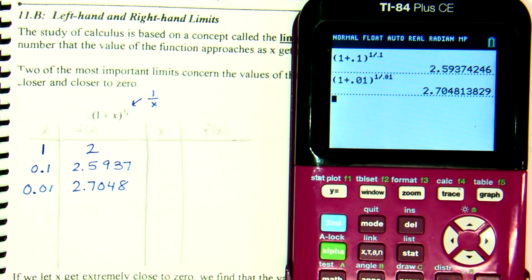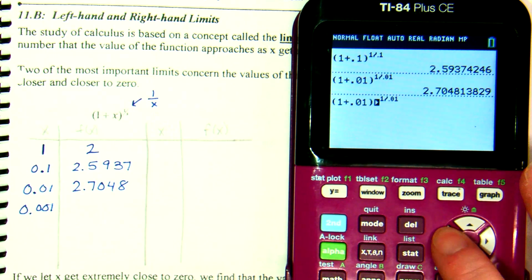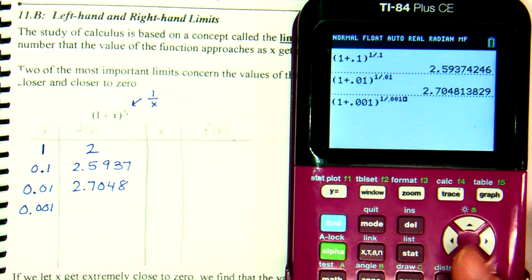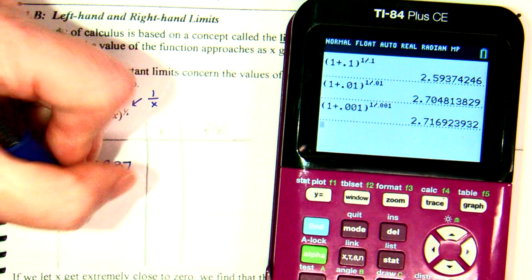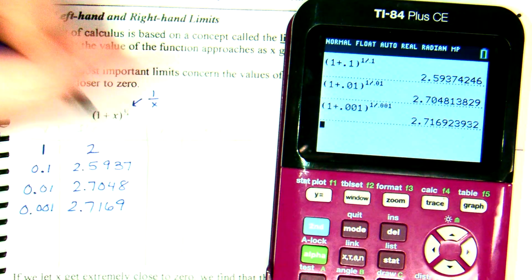What do you think I'm going to plug in this time? 0.001. I probably should have done this in the list is what I probably should have done. And I didn't. Oh well. 2.7169.